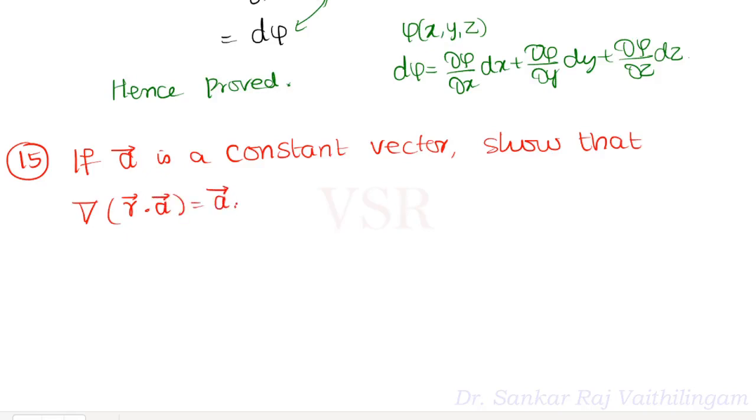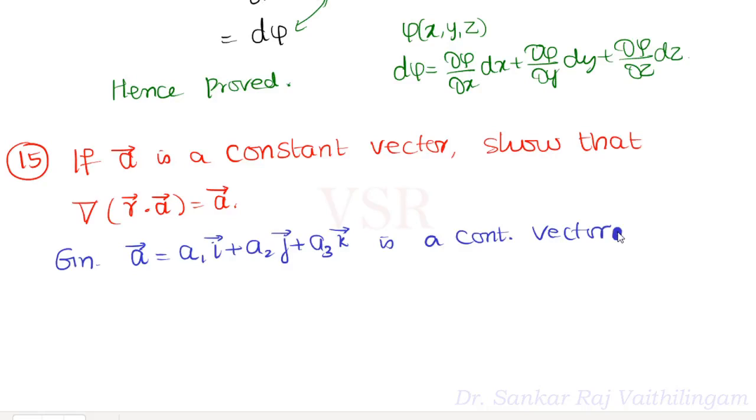What is this, sir? It is very simple. Given a vector which is equal to a1 i vector plus a2 j vector plus a3 k vector, a constant vector.